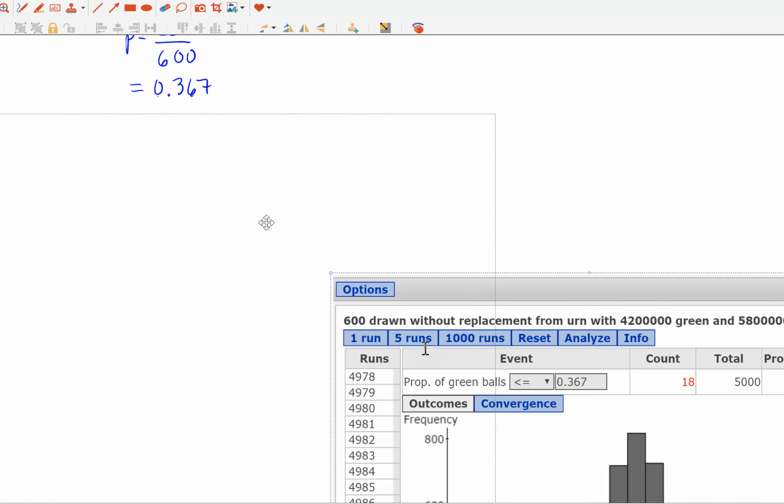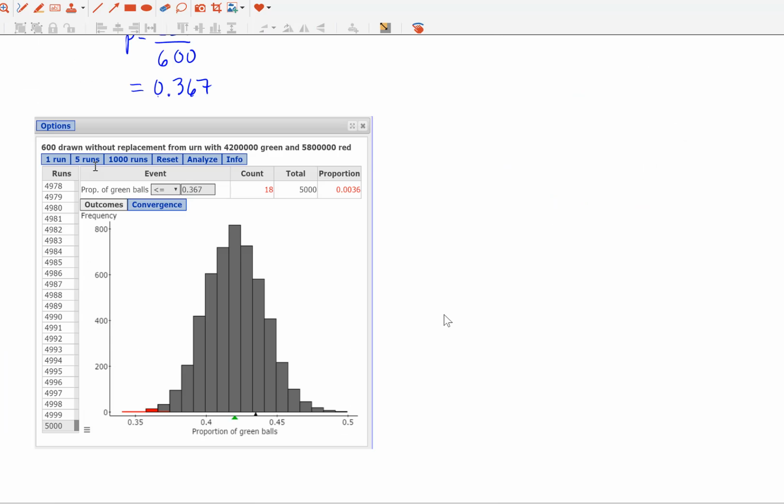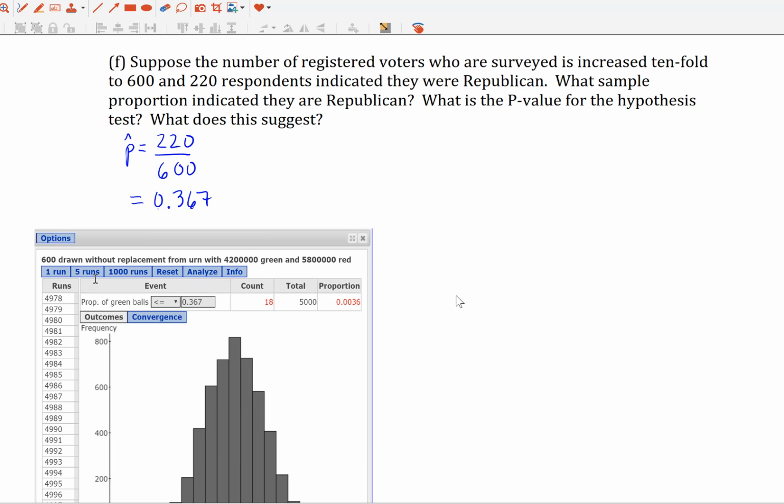A second way to go about doing this is to use the normal model. We will be able to use the normal model because if we were able to use the normal model for a sample of size 60, we certainly can for a sample of size 600, and 600 is still way less than 5% of our 10 million. The only thing that's different is my standard error, right?